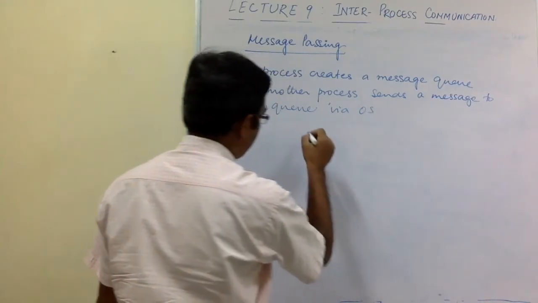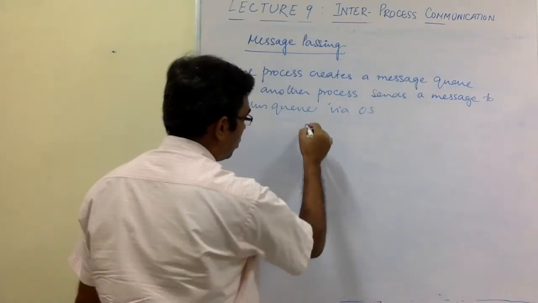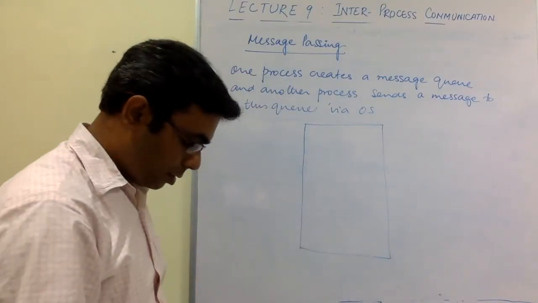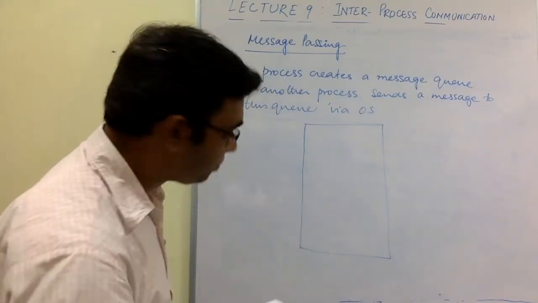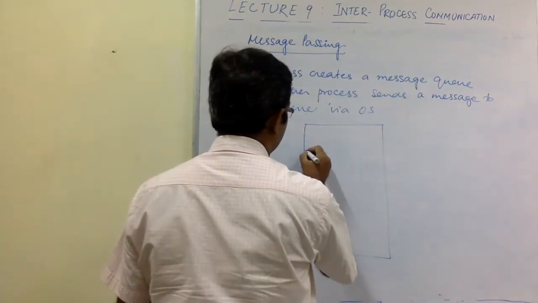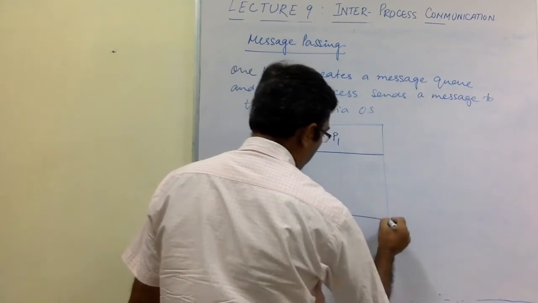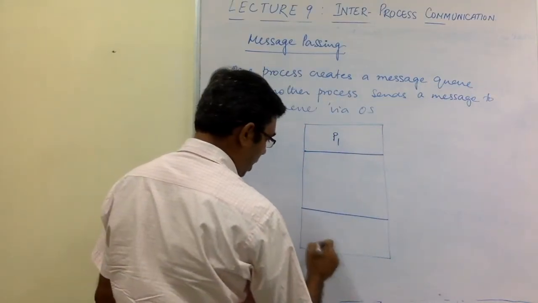So it's something like this, that you have two processes. Here we have, let's say, process P1, and this is the kernel.